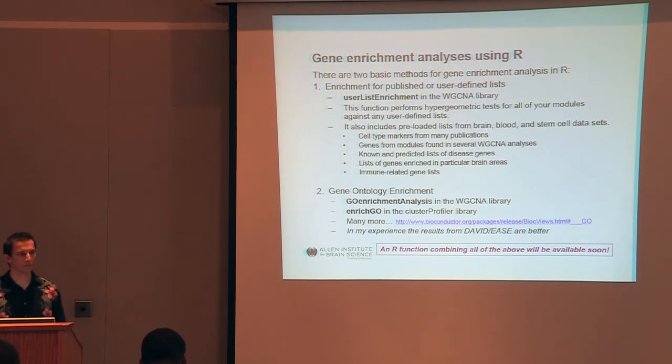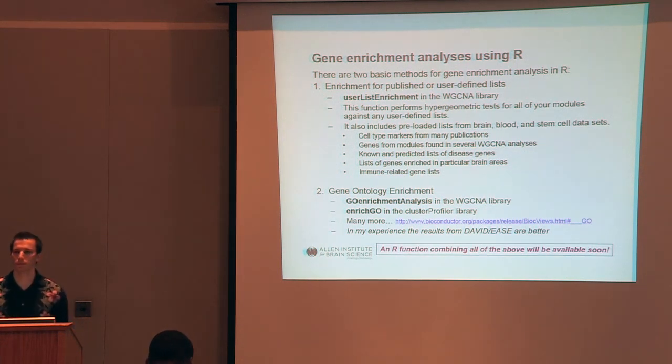Is there an overview somewhere of these lists? Yeah, you just look at the help file. The help file, yes. And there are certain options. So let's say your data come from blood, then there are certain gene lists that relate to blood. And again, very valuable. For example, there are sometimes modules that relate to red blood cells.